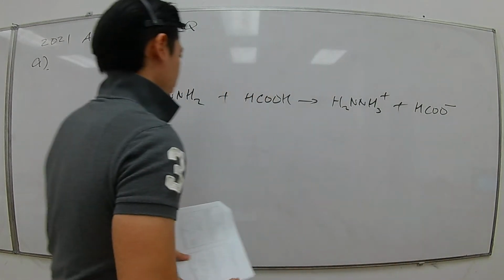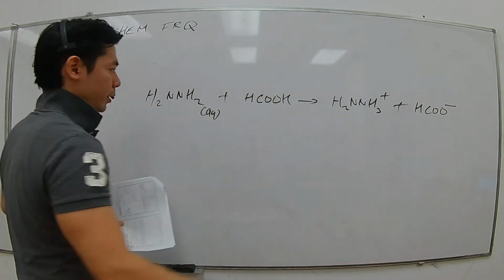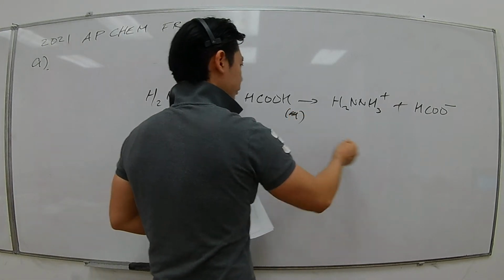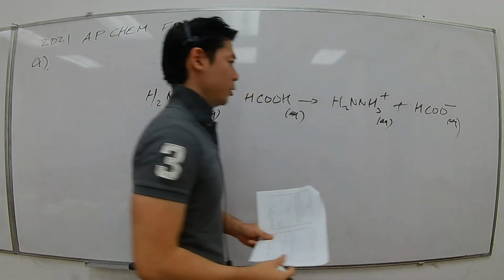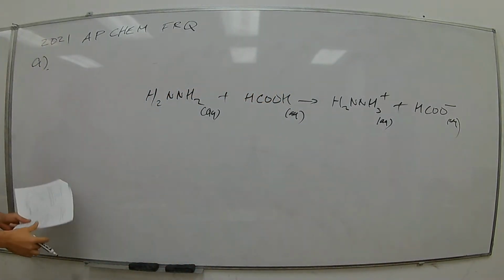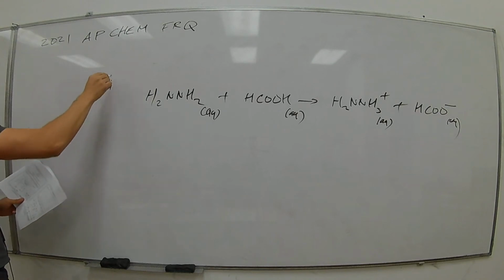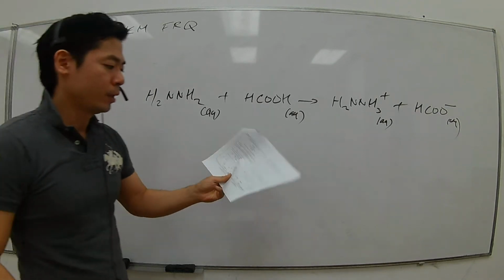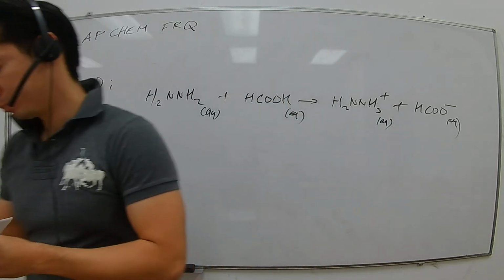Okay, and also for this, you might have to put aqueous, aqueous solution, right? So aqueous. That is the balanced equation for part D1. All right, this is the first part, which is what they're asking, a balanced net ionic equation.